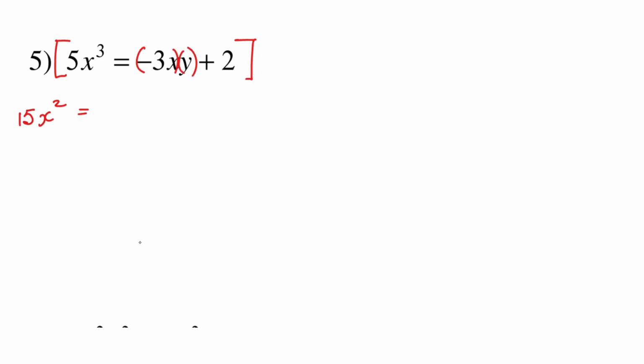Because we have x and y multiplying right there, we're going to have to apply the product rule. So what that means, I'm going to take the derivative of the first piece, which is the negative 3x. It's going to be negative 3. And then I'm going to write back the y. Plus, I'm going to take the derivative of the y.